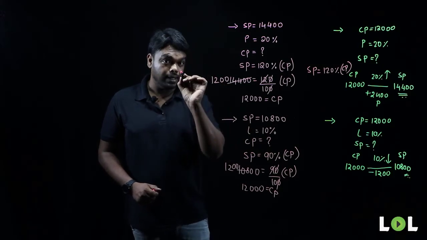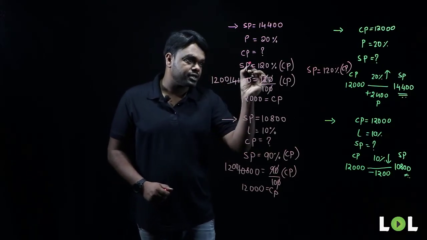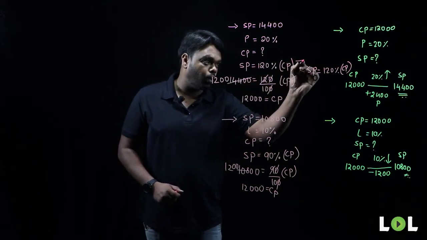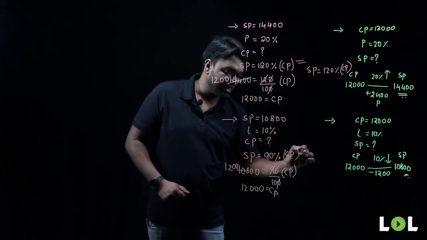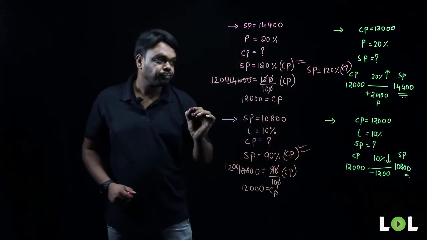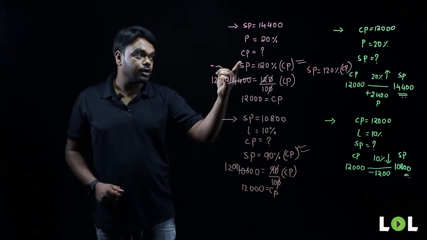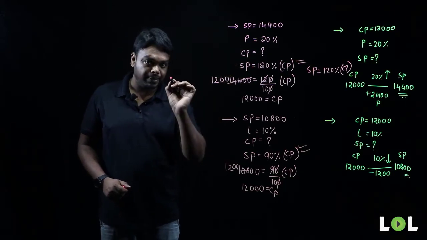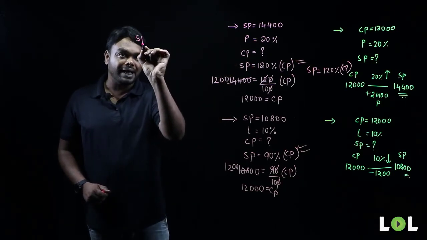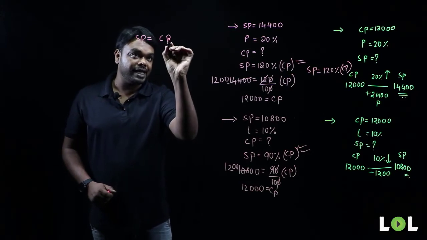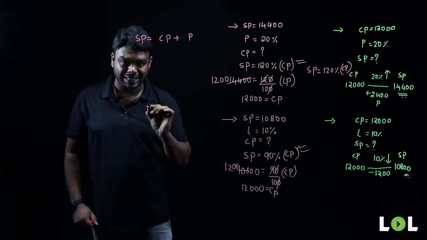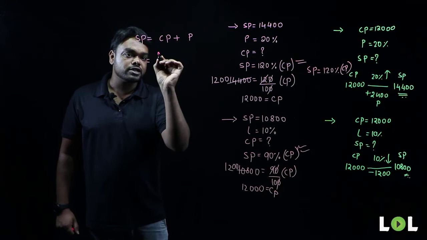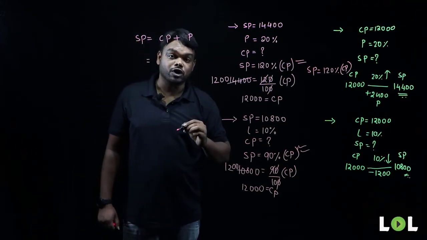Now if you're still having any confusion about the relationship I have written here, let me clear that for you one more time. In this case, say profit is 20%, right? Now we know that selling price is cost price plus profit. Agree? Now cost price is also nothing but 100% of the cost price. Why?